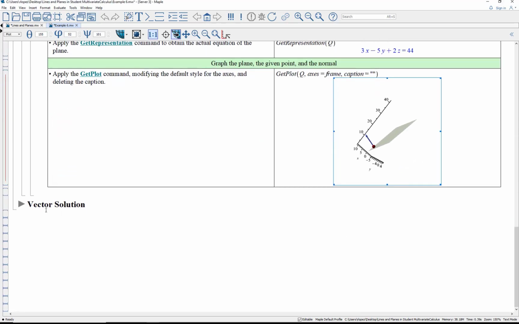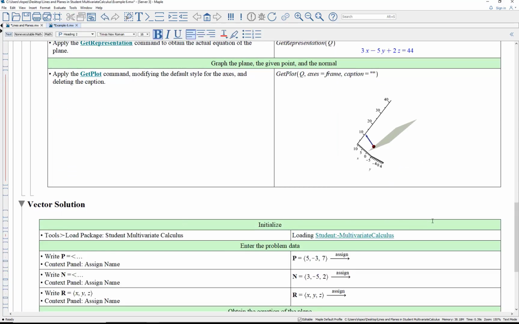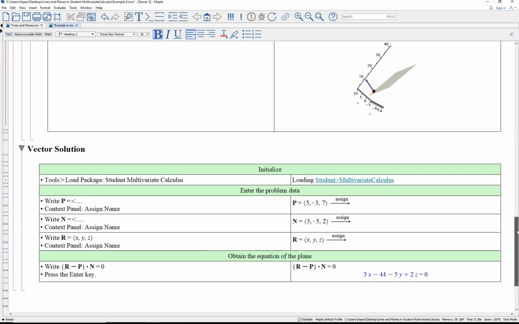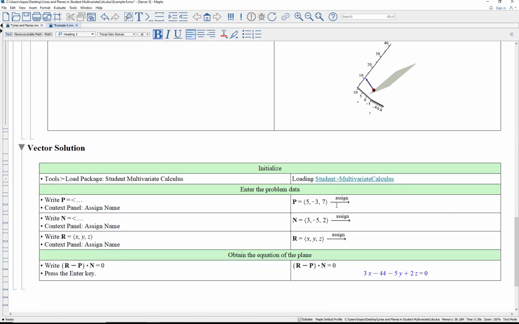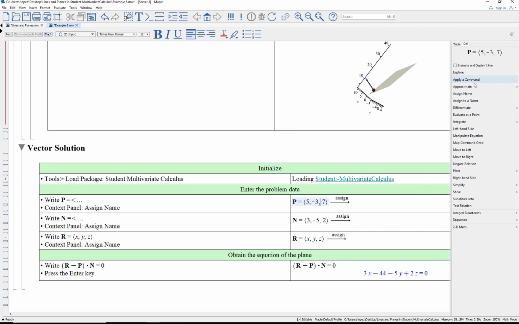Let's take a look at the traditional vector approach to this problem. Well, we've already loaded the student package. You need to define the fixed point as a position vector. This is the normal vector. This is the generic position vector, and they're all done with assigned name from the context panel.